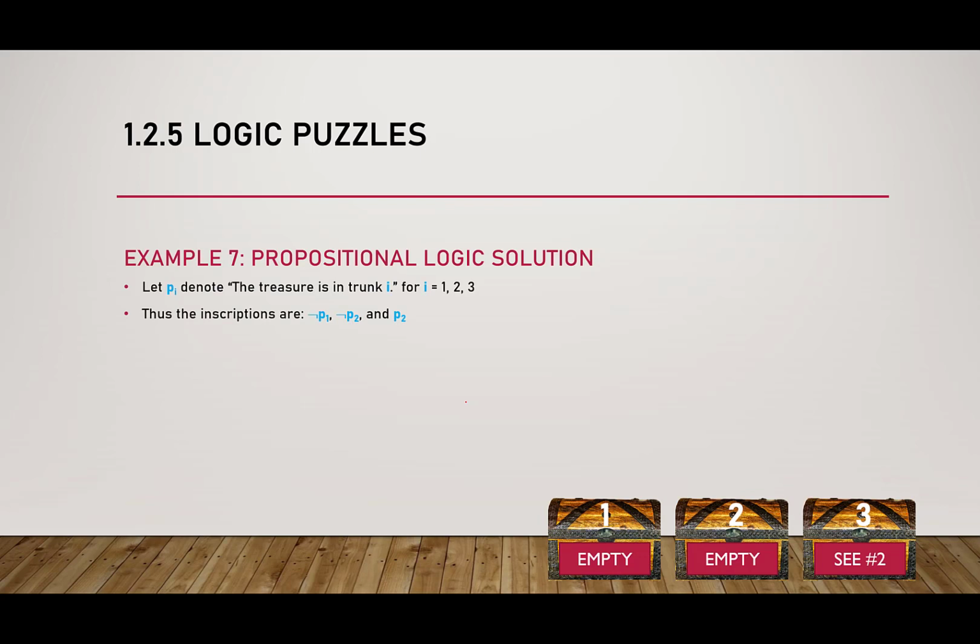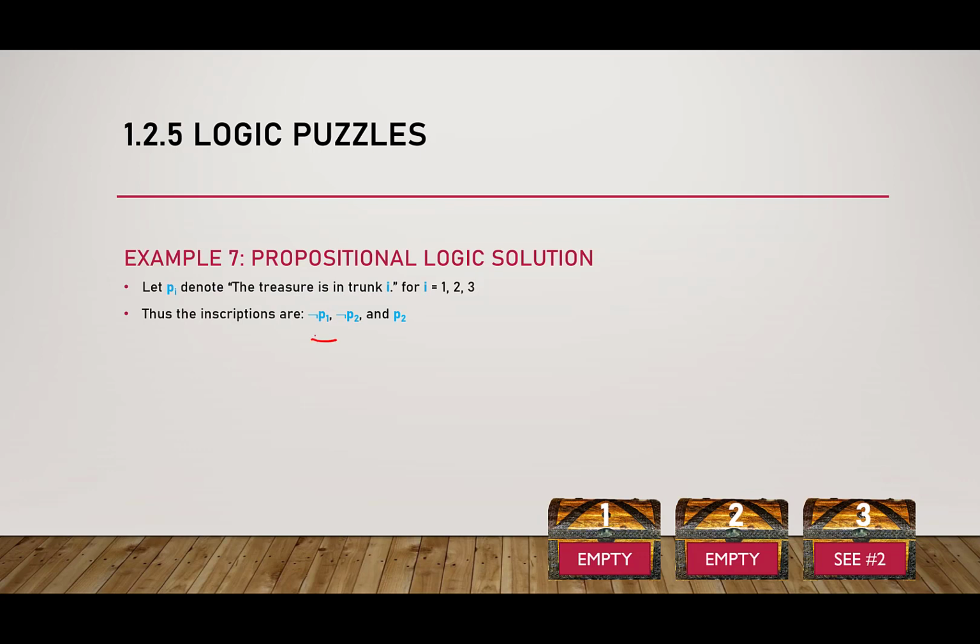P1, P2, and P3 are the statements that the treasure is in trunk 1 for P1, or the treasure is in trunk 2 for P2. And then the third one actually says that P2 is true, right?